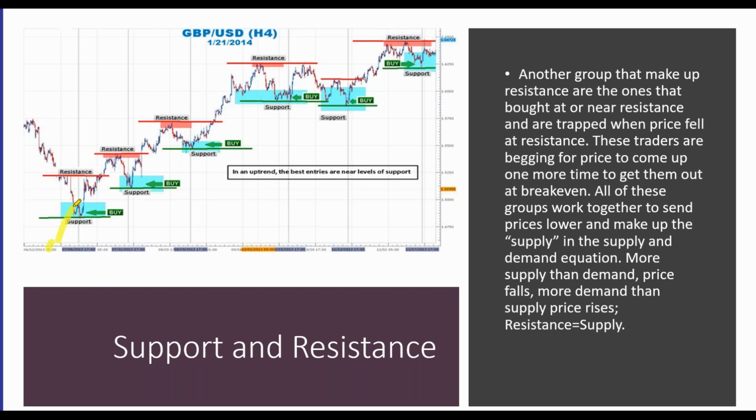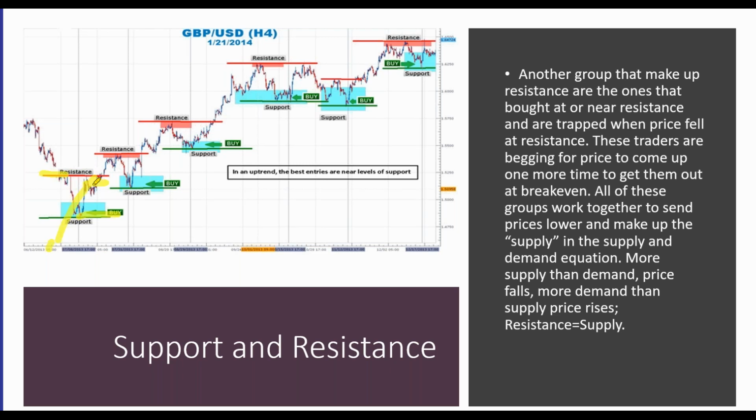As price is moving up, it's going to hit a resistance level, a place where the price had a difficult time in the past getting through. This is often created by buyers who bought at this level and are taking their profit. They set out in the beginning how much profit they wanted, and they start selling.